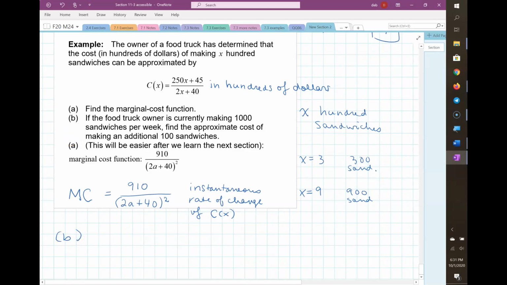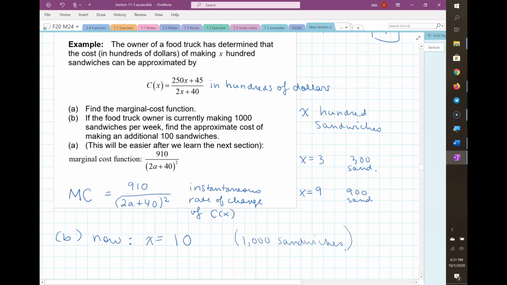If the food truck owner is currently making 1,000 sandwiches per week. So now X is, so let's think about that. X is in hundreds of sandwiches. So if X is 10, that's 1,000 sandwiches.